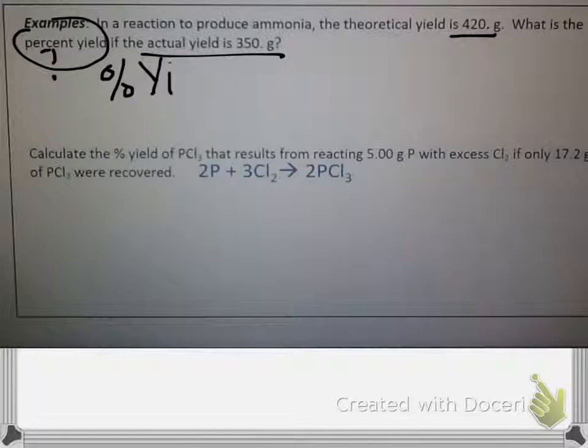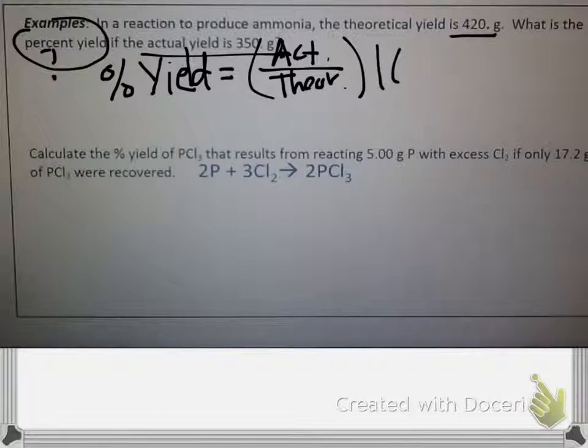So what is the percent yield? That's exactly what we're going to be solving for. Percent yield is always actual yield divided by theoretical yield times 100. All right, so you're given that equation, know how to use it. Okay, we're given numbers here. It says the theoretical yield is 420 grams.